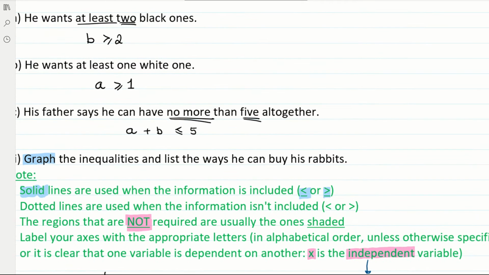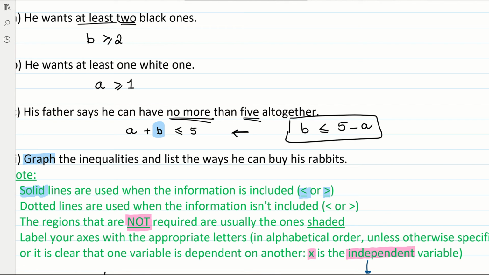Before you plot anything, you must rearrange to make the equation in terms of your y-axis variable. So B has to be the subject. So I've got B is smaller than or equal to 5 minus A. And that is the equation we are going to graph.